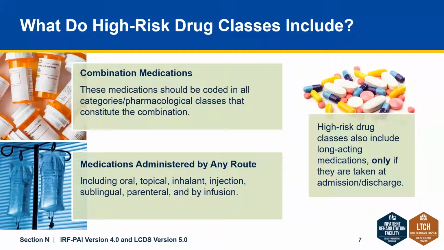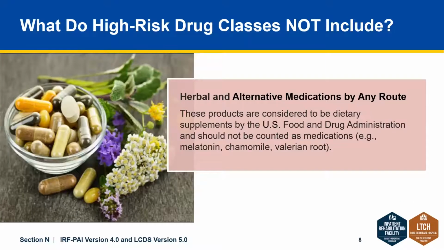They also include medications administered by any route. You should include long-acting medications only if they are taken at admission and discharge. For this item, herbal and alternative medications are not included. These products are considered dietary supplements by the FDA.